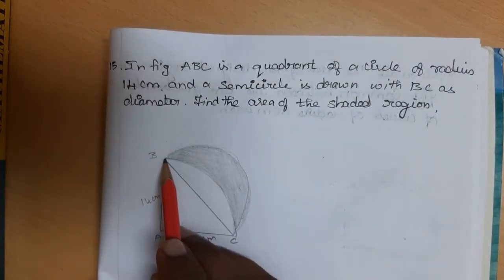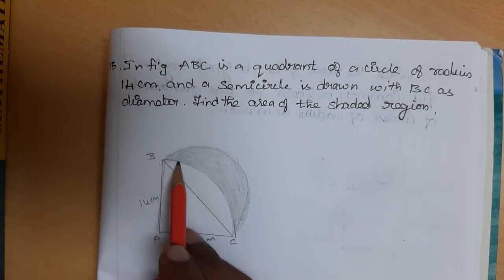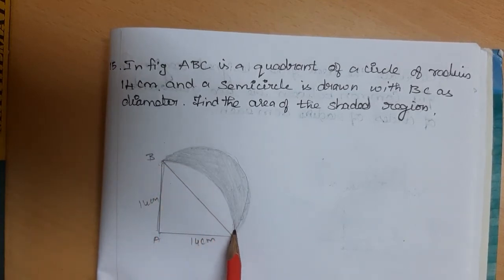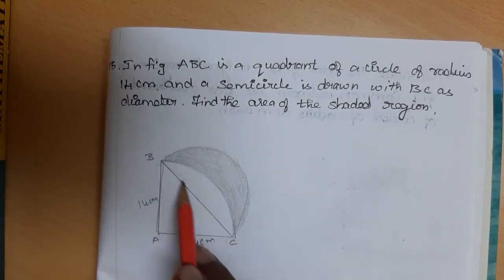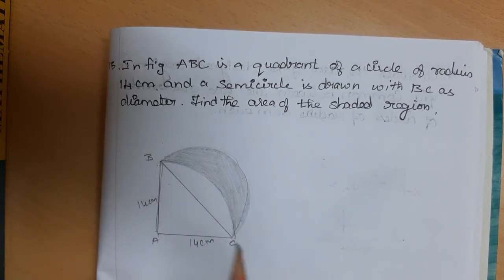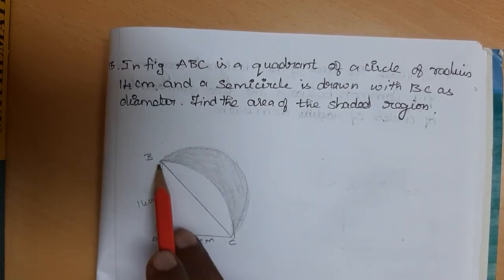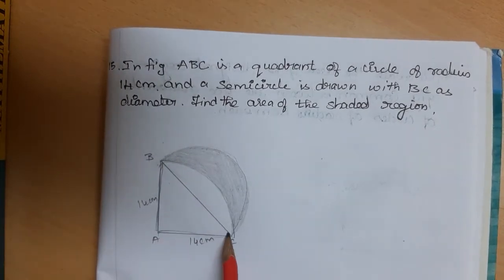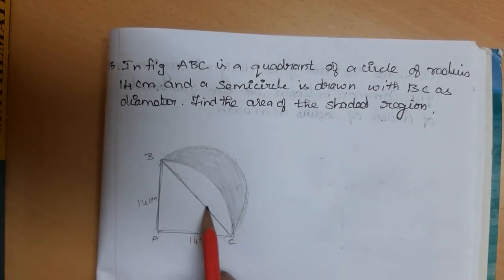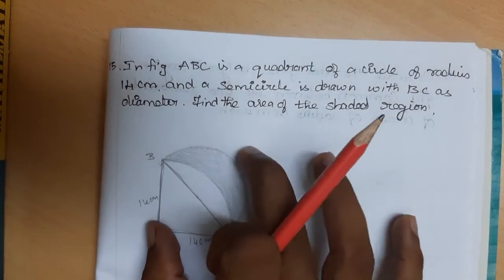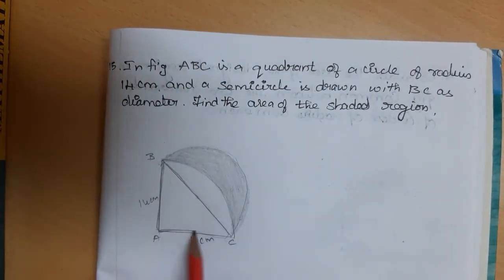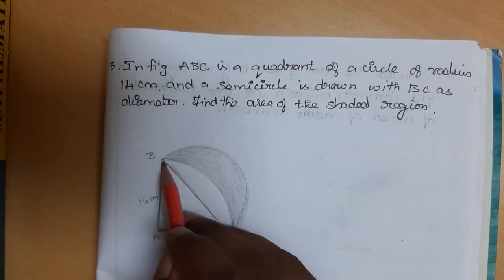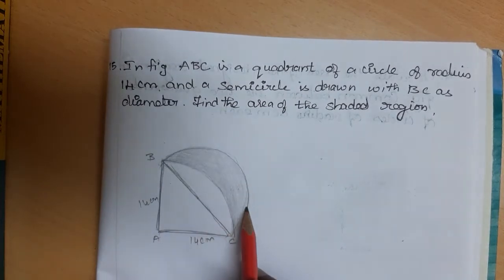You can see that, just add this quadrant and this is the semicircle, right? And this is the triangle. So by adding this triangle and the semicircle, we get a whole figure, right? The area of this triangle plus the area of the semicircle gives the whole figure.